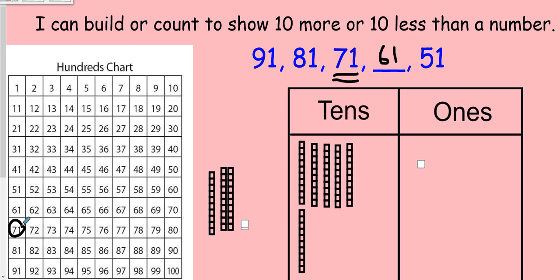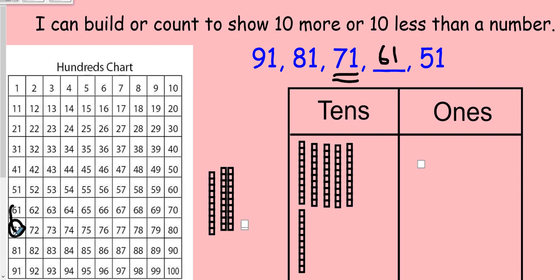I am going to go back this way. If I'm showing 10 less, I need to go back one jump. What did I go back to? 61. 71, 61. So 10 less than 71 is 61.